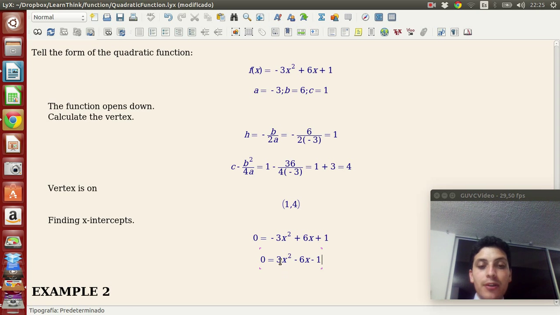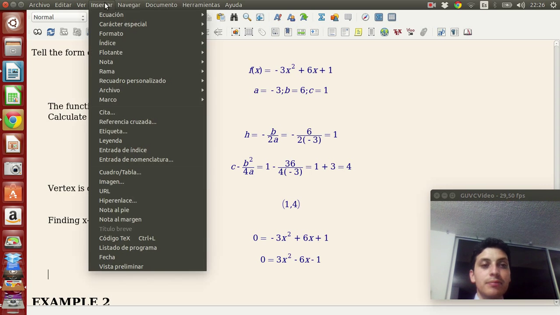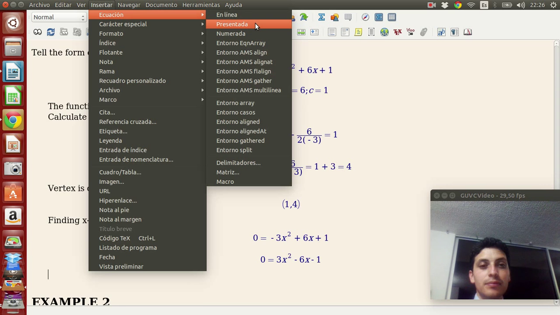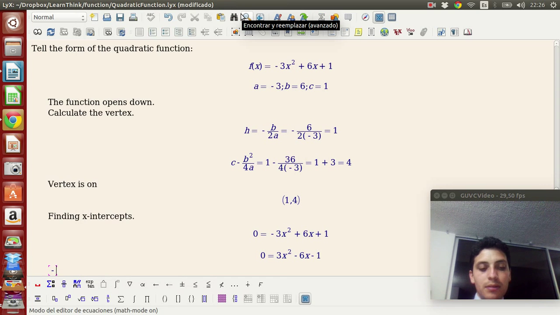So 3 times minus 1 is minus 3. And I need two numbers whose product is minus 3 and whose addition is minus 6. Okay, we don't have these numbers. We don't have a number whose product is minus 3 and whose addition is minus 6.